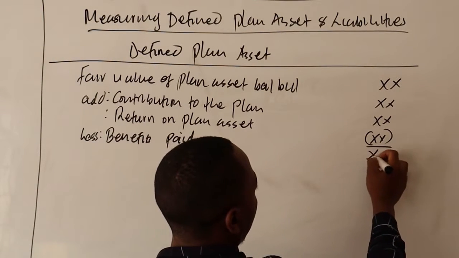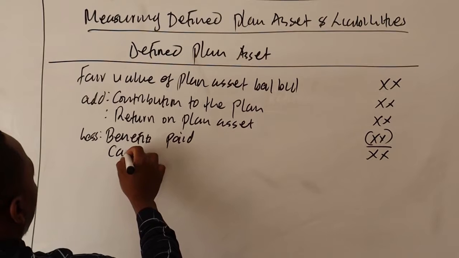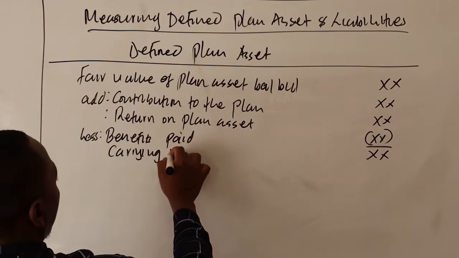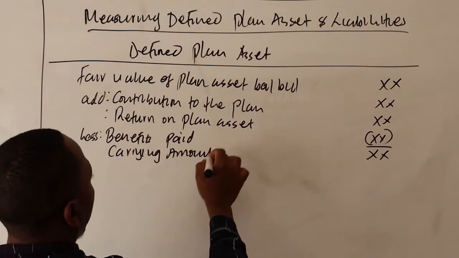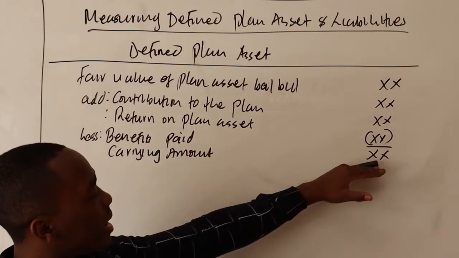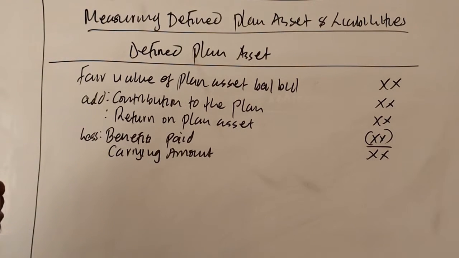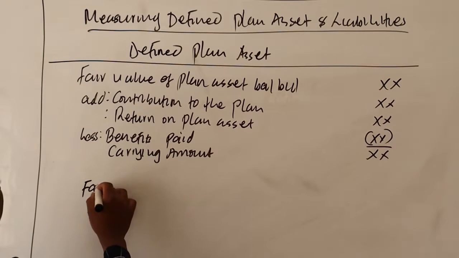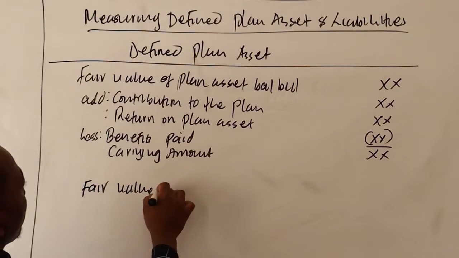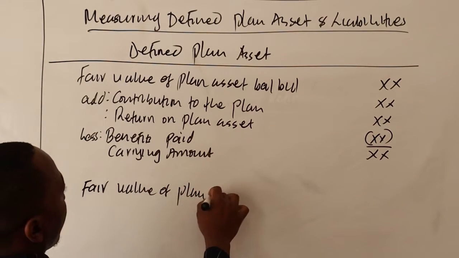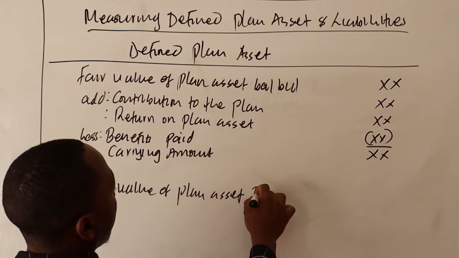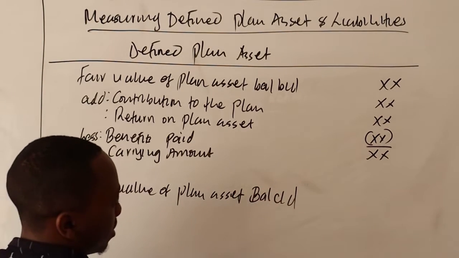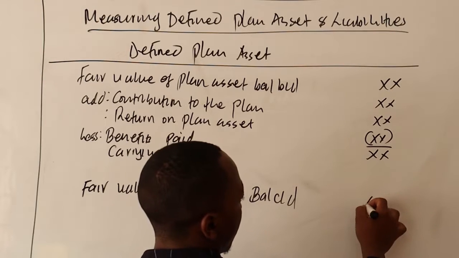So what you get there, you can call it the carrying amount. Now you compare the carrying amount against the fair value of plan asset, balance carried down, the market value at the end of the year, which will be given.